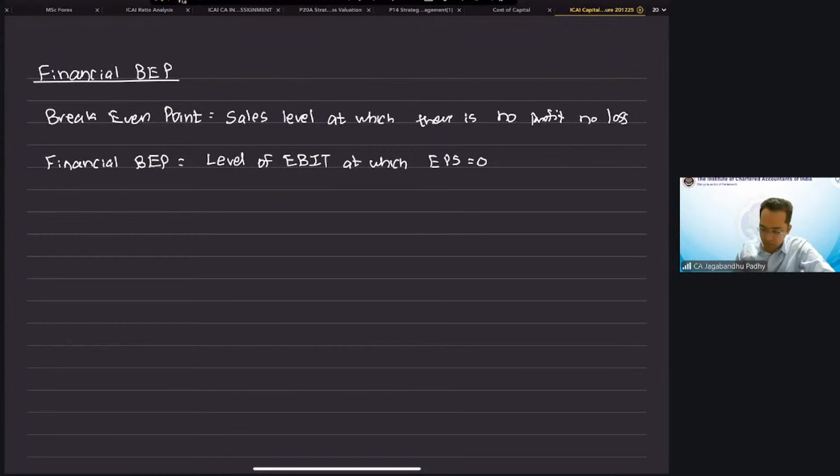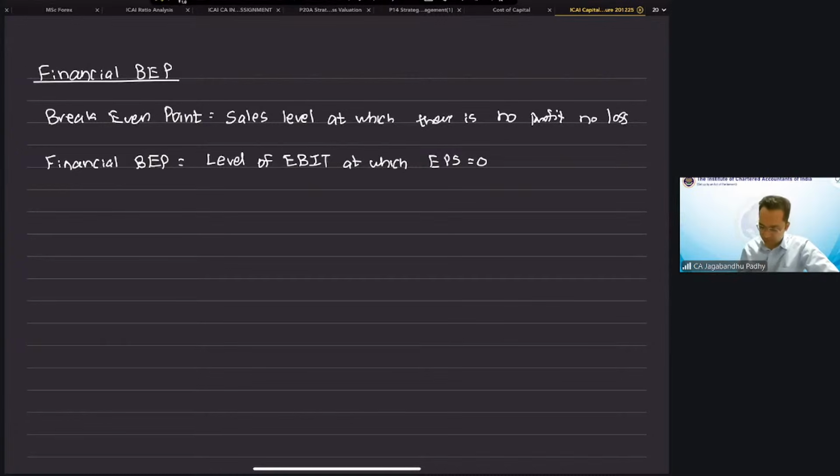Right? So financial break-even point is that level of EBIT at which EPS is going to be equal to 0, guys.